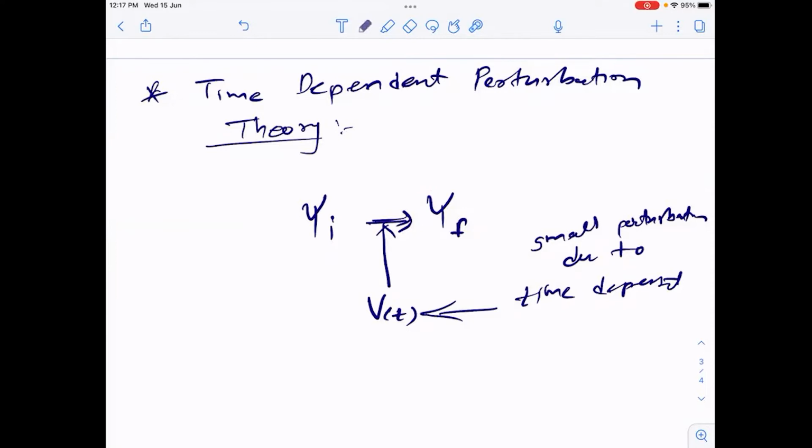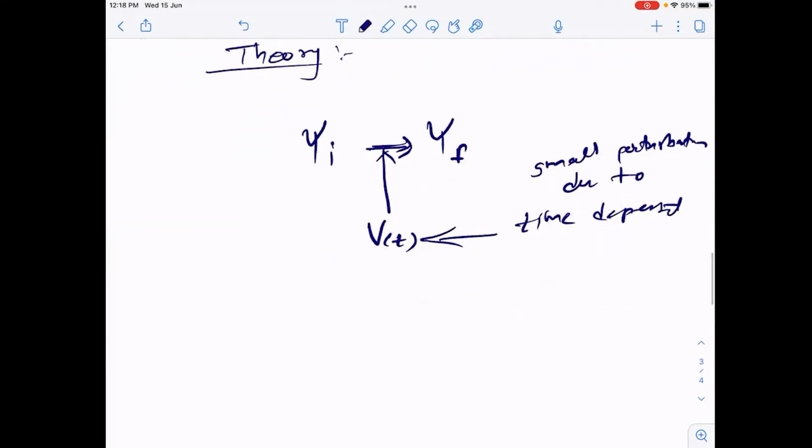Okay. Now let's say our system is in some state of an unperturbed Hamiltonian system. So when there is no perturbation, our Hamiltonian is H0, right? So H0 is the unperturbed Hamiltonian.